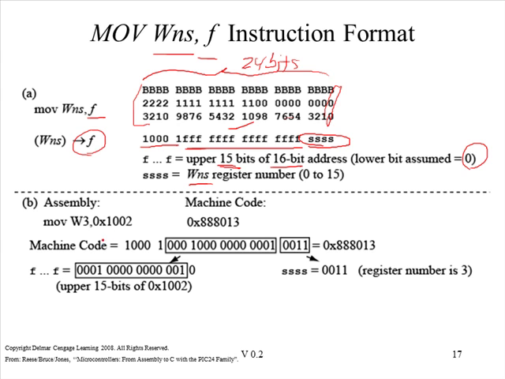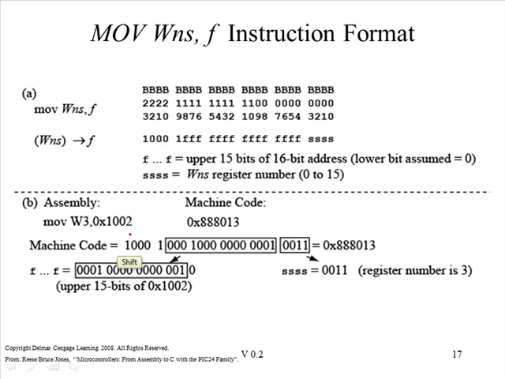So let's do a numerical example. We're going to move W3 to location 1002. These lower 4 bits, which correspond to these, are going to specify W3, so it's going to be 0011. These upper 5 bits are fixed, so that's these bits right here.